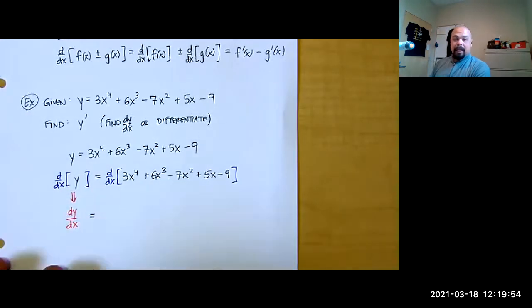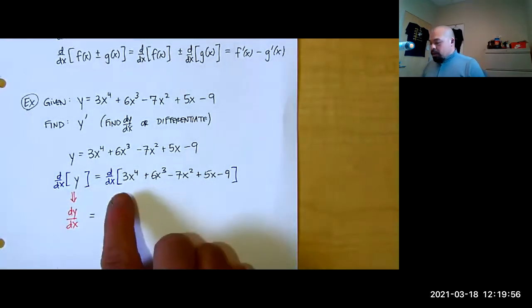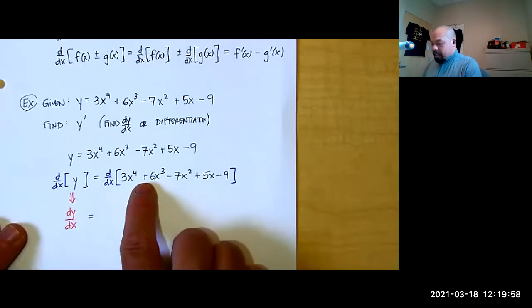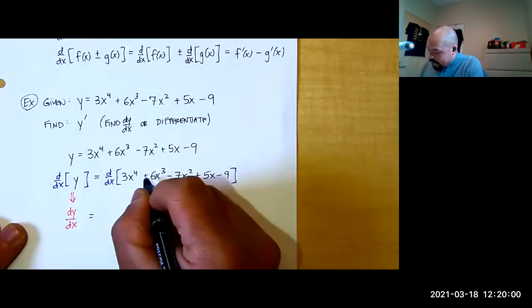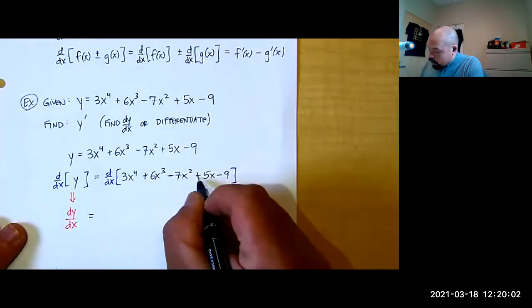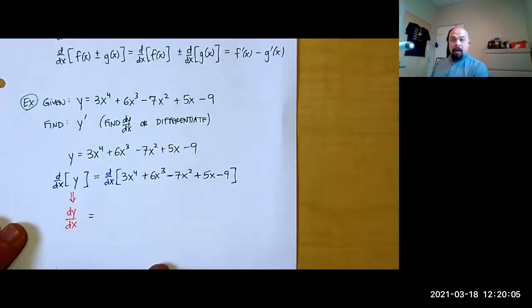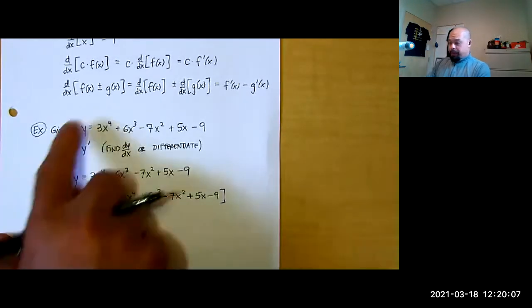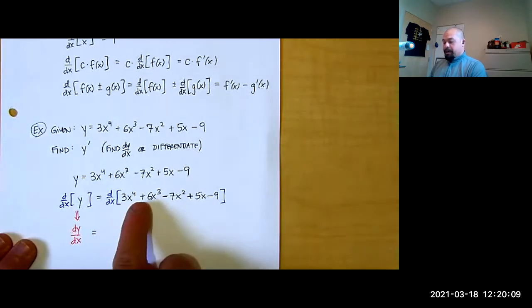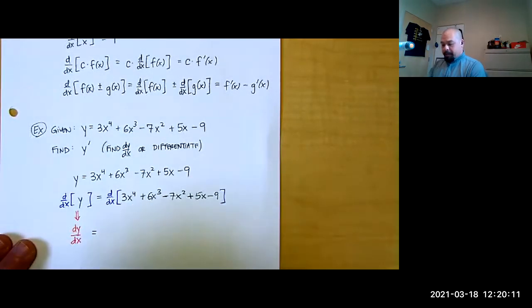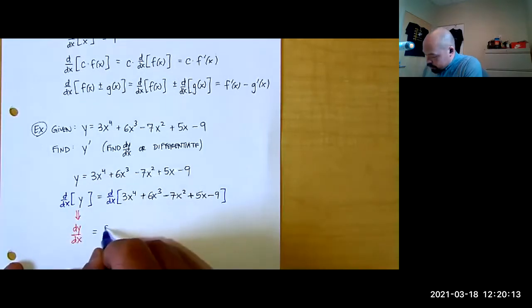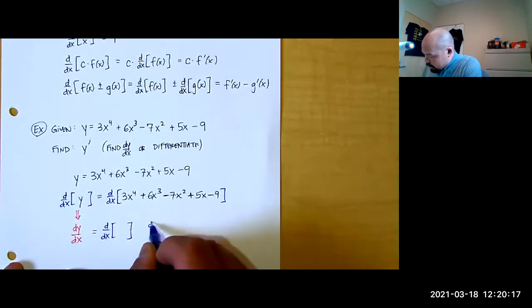Initially, since I'm just taking the sum and difference, the adding and subtracting, we can use our sum and difference rule and separate each sum and difference into its own individual derivative.